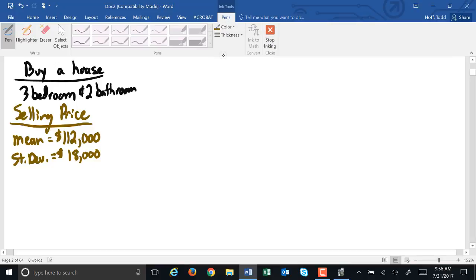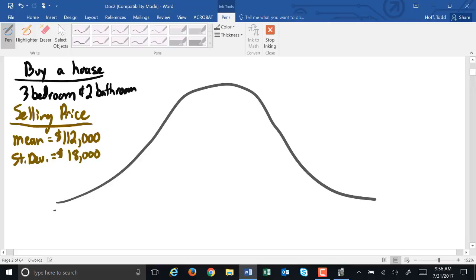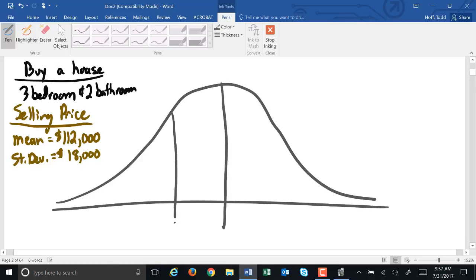Well, we're going to draw our curve here. Pretend that's symmetrical. And remember, these percents here are constant. They do not change.